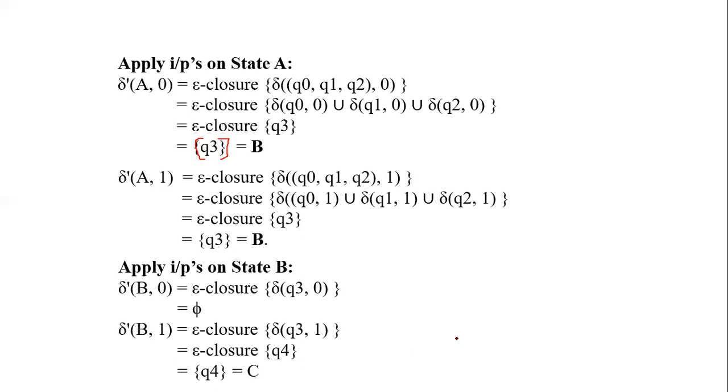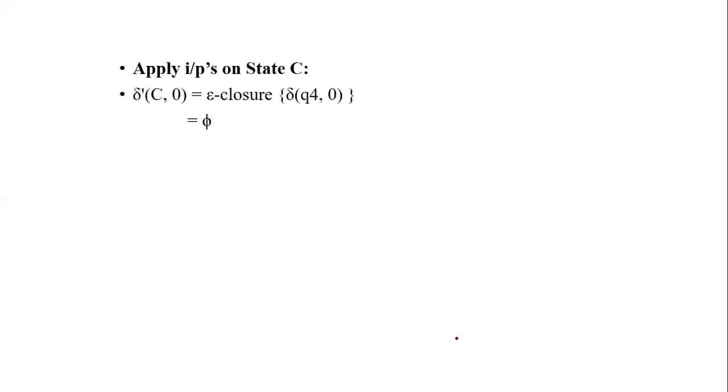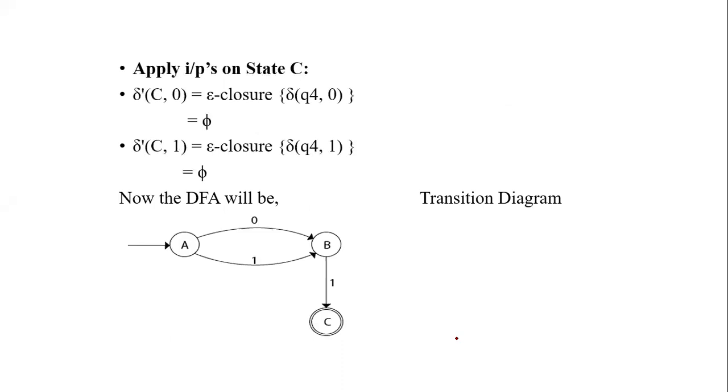So C is the final state of the DFA. So the transition diagram is like this. You can draw C after B also, no problem. Otherwise below, no issues. You can draw in your own way. No need to be like this.